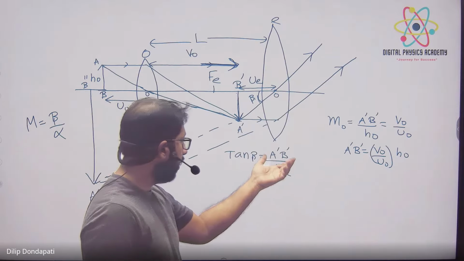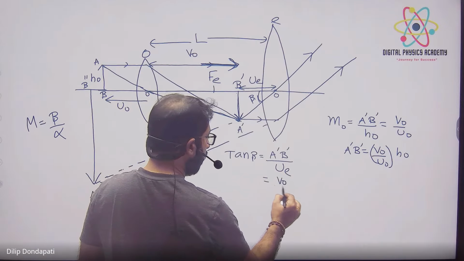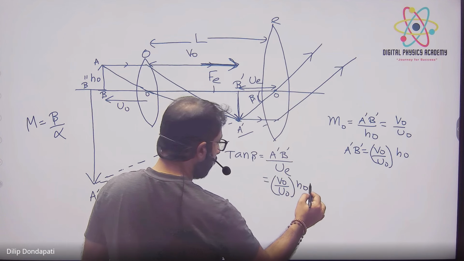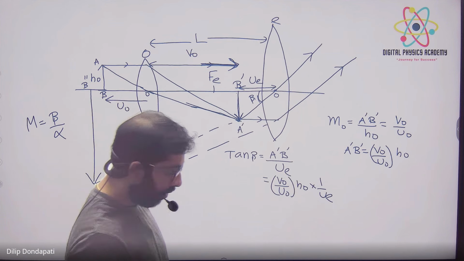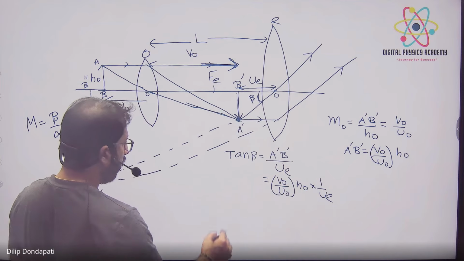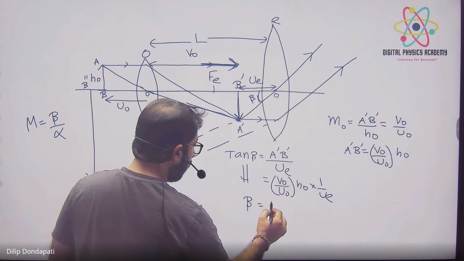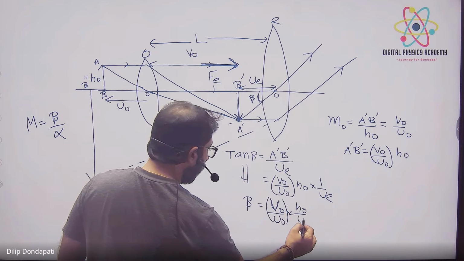Now I'm substituting this here. VO by UO into HO by UE, right? So 1 by UE. So this is the beta value you got. This small angle we call beta. The formula for beta is finally VO by UO into HO by UE.